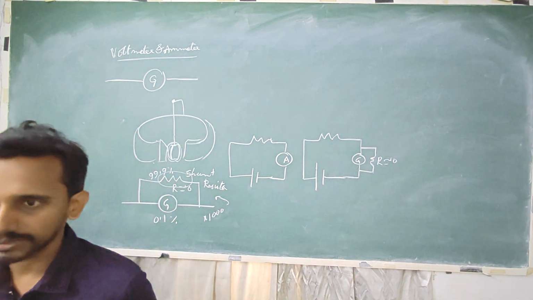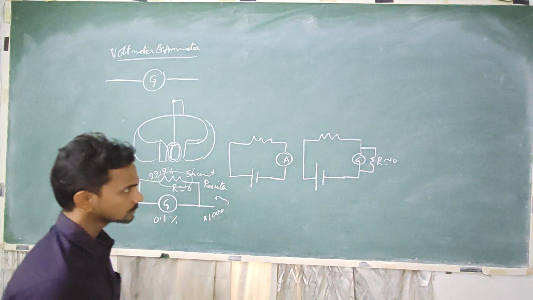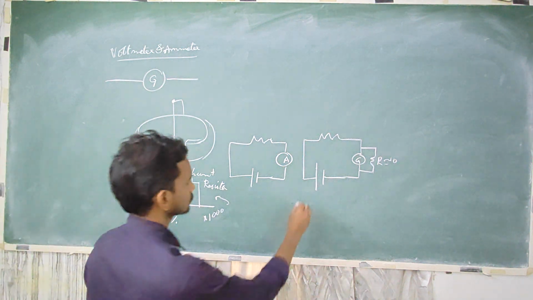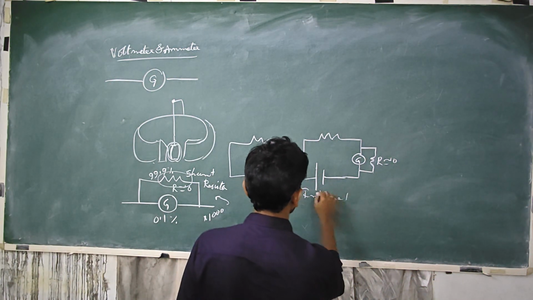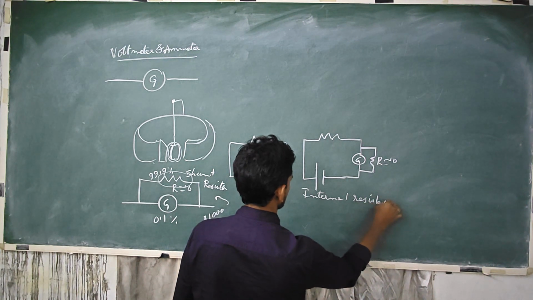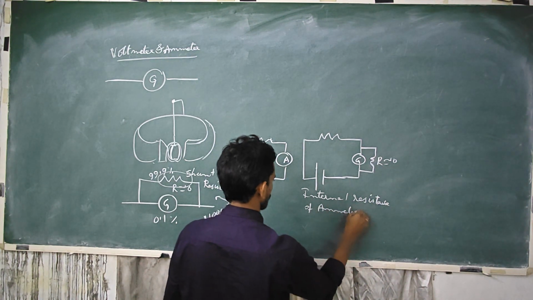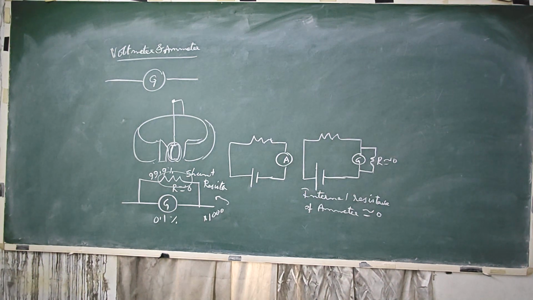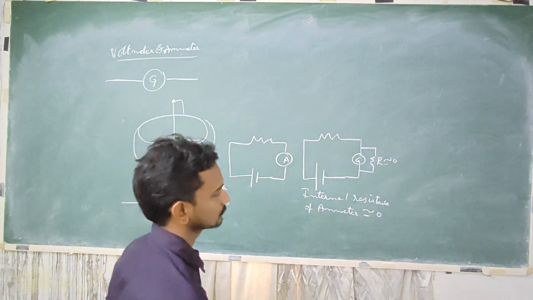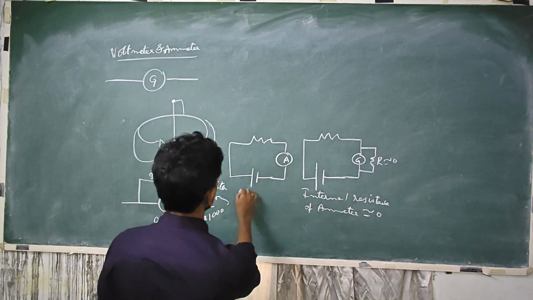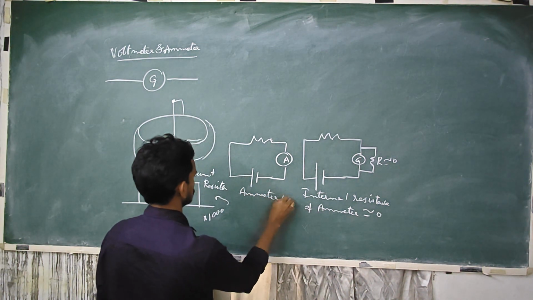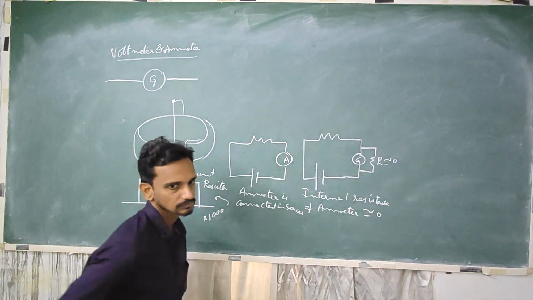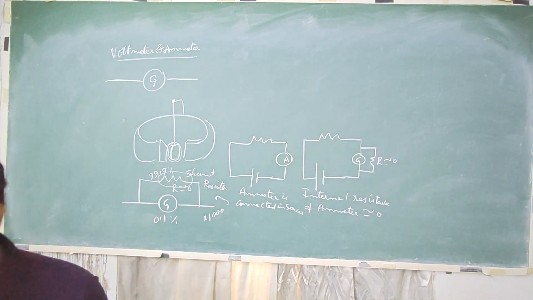So this is called an ammeter. The internal resistance of an ammeter is almost zero. An ammeter should be connected in series.